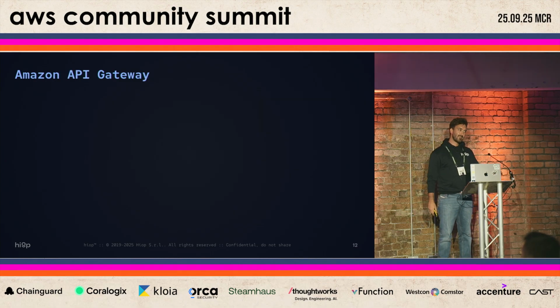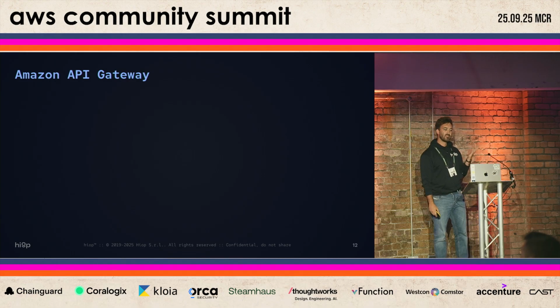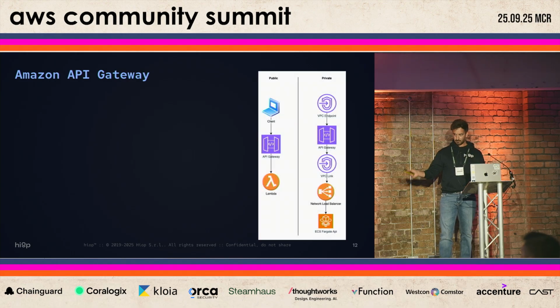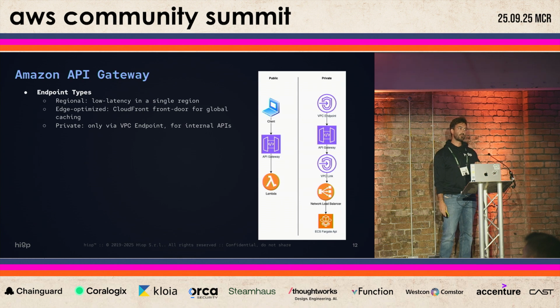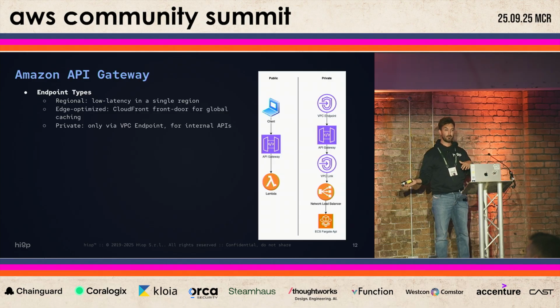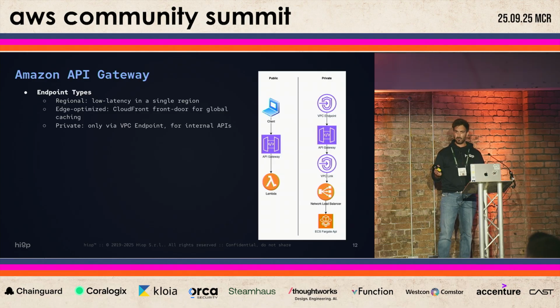API Gateway is another very famous and important serverless component of the AWS environment. It also has a public and a private path that you can follow, and it depends a lot on the endpoint type that you are using when configuring API Gateway. For example, if you are configuring a regional or edge-optimized endpoint, you will follow the public path.